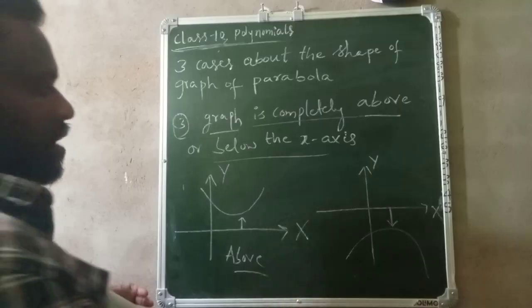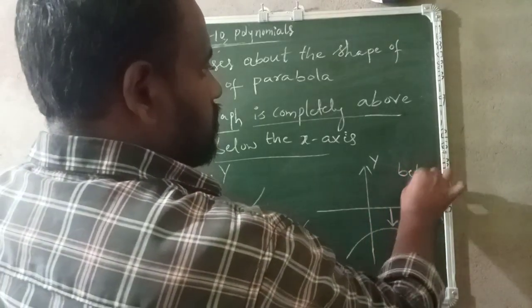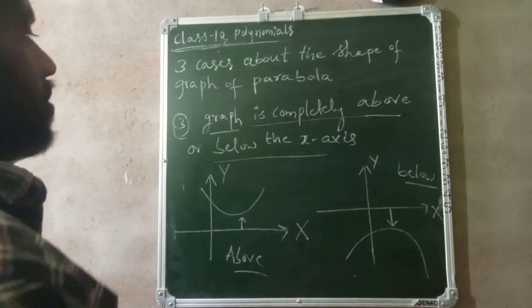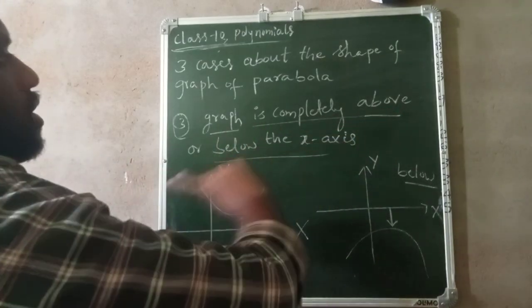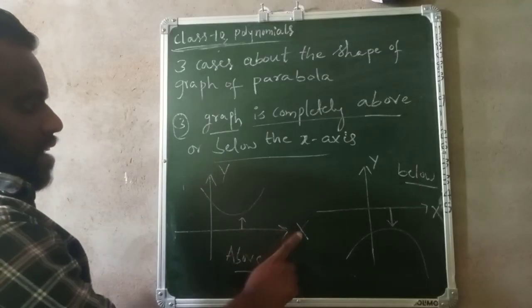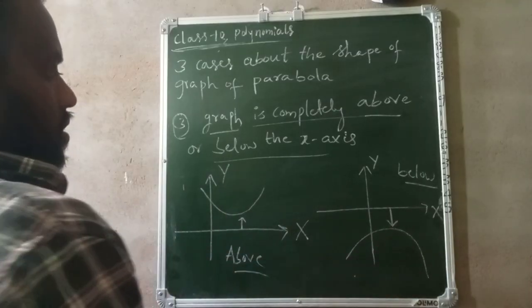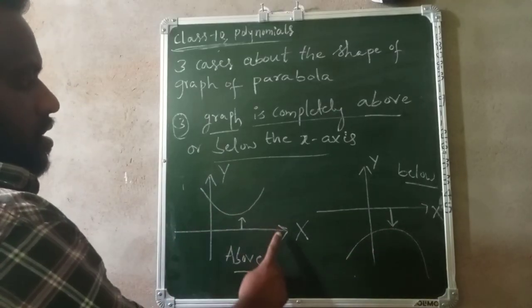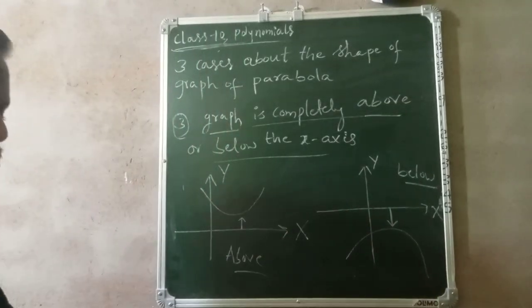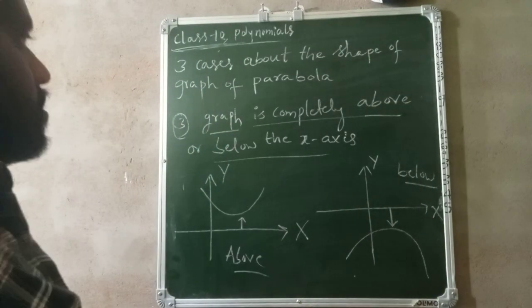Okay? So that is the meaning of below the x-axis. You understood, right? The graph is completely above or below the x-axis. That means the curve is not touching the x-axis. Even here it is present above the x-axis. Here it is present below the x-axis. Okay, this is case 3.